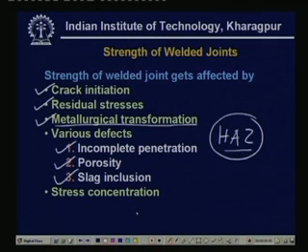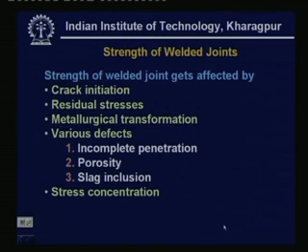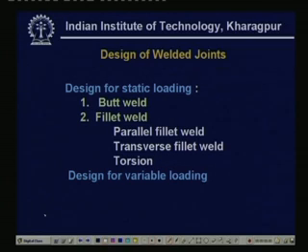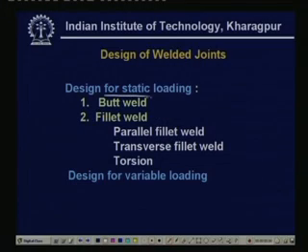Now these are about the strength of welded joints. Let us now start the design of welded joints. For the sake of discussion, we have classified the design into broadly two parts. One is design for static loading and the other is design for variable loading.